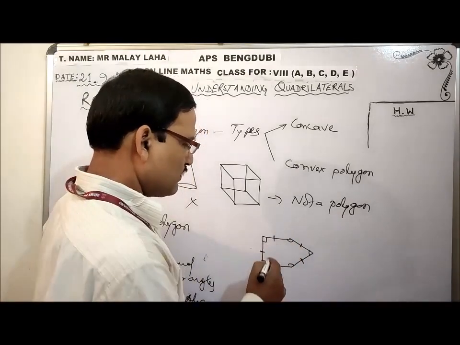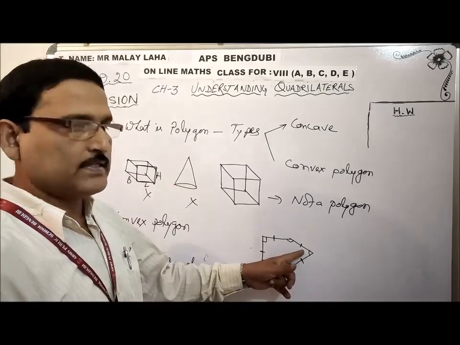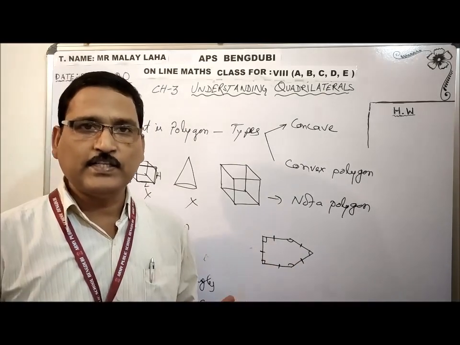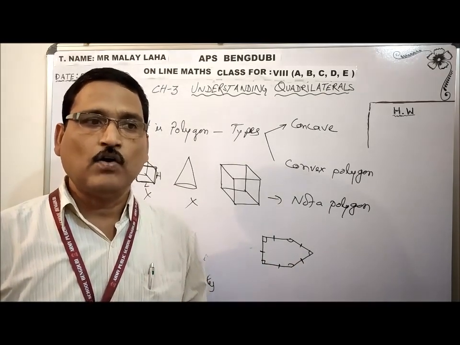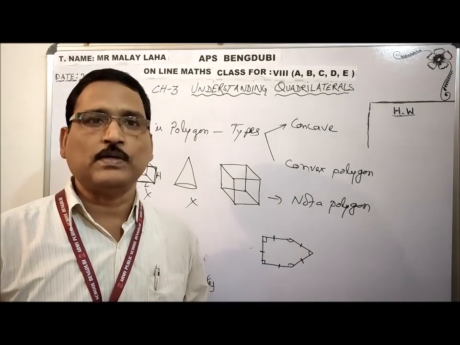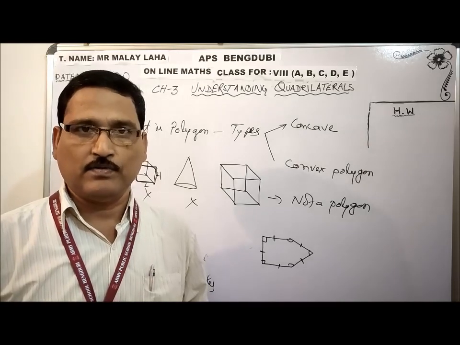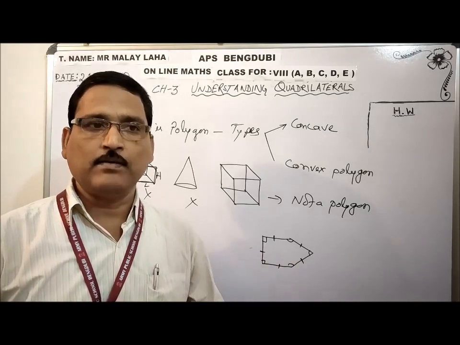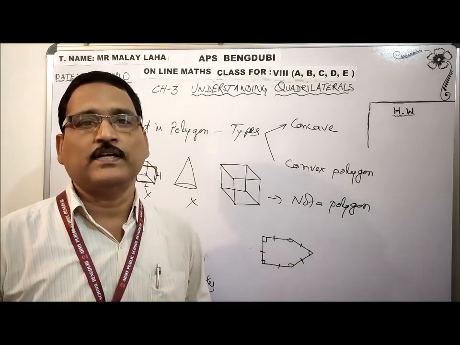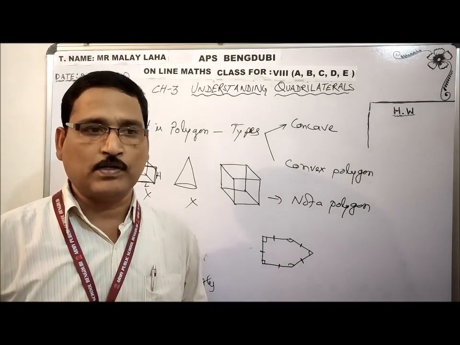This angle is 90 degrees, this is greater than 90 degrees, this is less than 90 degrees. When sides are equal and angles not equal, or angles equal and sides not equal, that figure is called an irregular convex polygon. And when sides and angles are both equal, then you can say regular convex polygon.